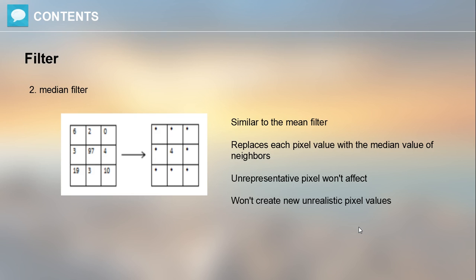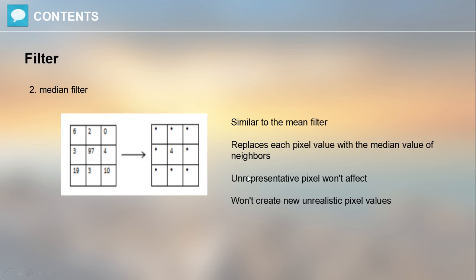It's similar to the mean filter, but the performance of the median filter improves a lot. Though it has a little change from the mean filter, the performance is really good. We replace each pixel value with the median value of the neighbors, and as we see in this picture, it contains some abnormal values, and this won't influence the whole view of this area.